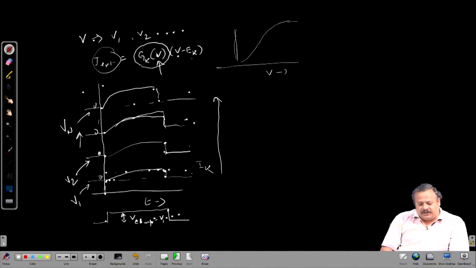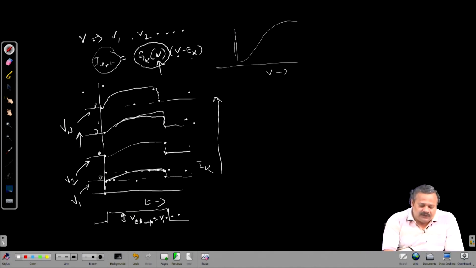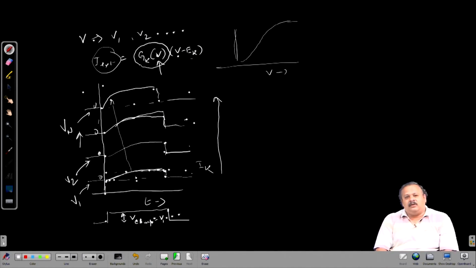The other observation here is that we have a speed or a time constant that governs the rise of the potassium current to that particular value. This time constant turns out to be decreasing as the voltage increases in this particular depiction of the potassium currents.